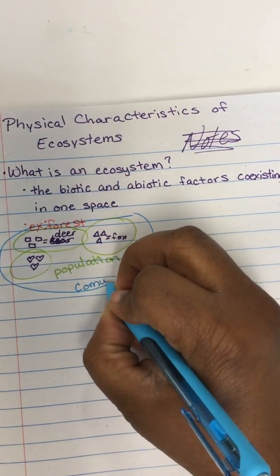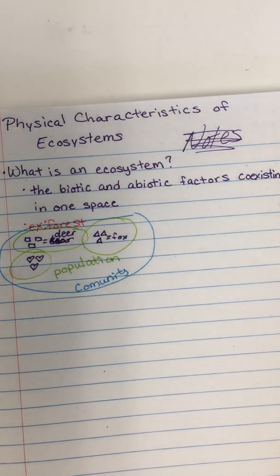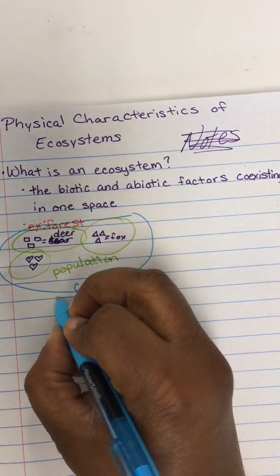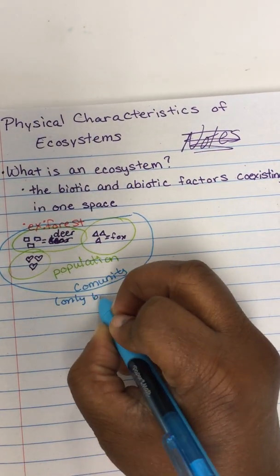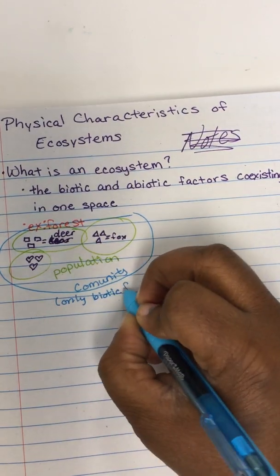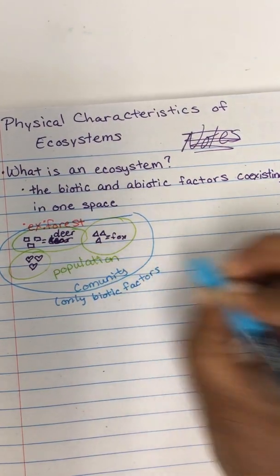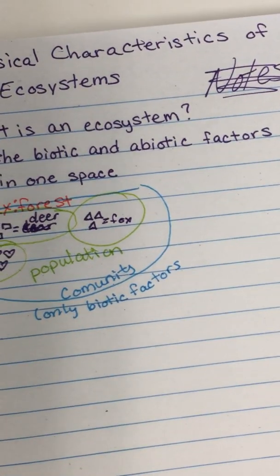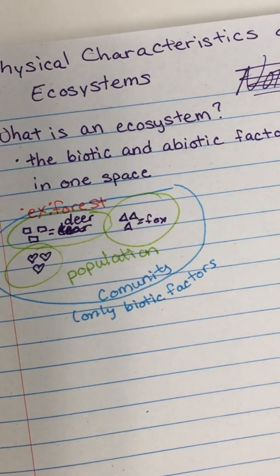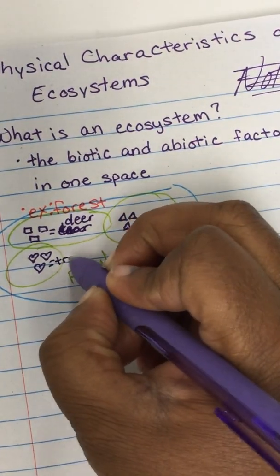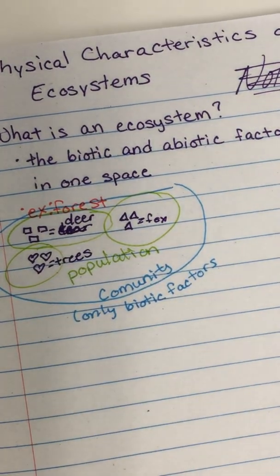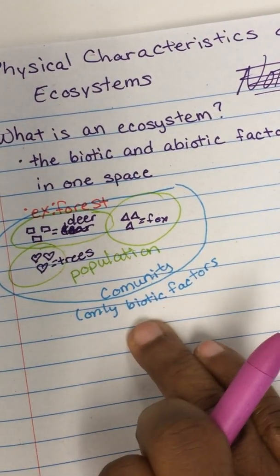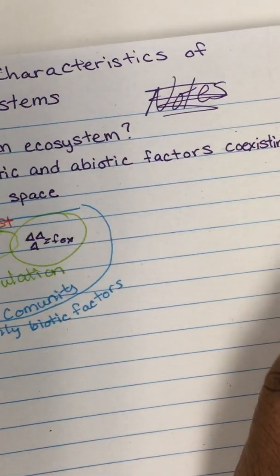A community exists of only biotic factors. Let me zoom in on that in case some of you can't see. After our community, you guys know we don't just have biotic or living things, we also have abiotic factors.